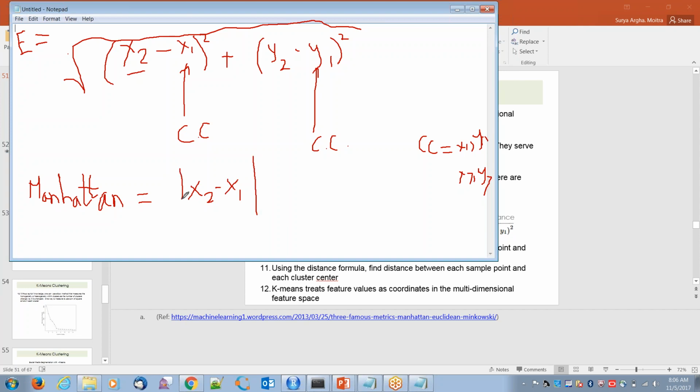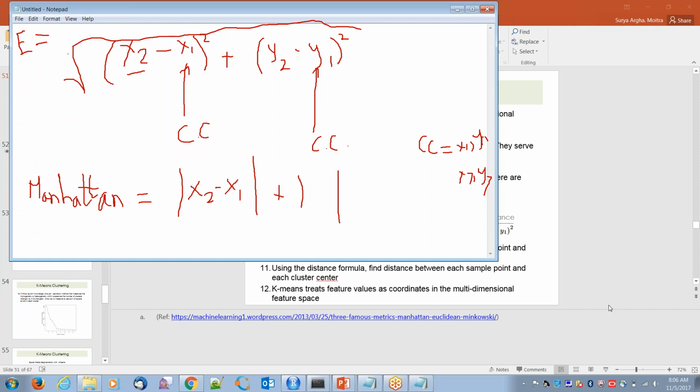We do h2 minus h1 and take the mod, and we sum it over whatever else is there, y1, or z, or whatever. So we just sum it and take the mod, and we do not square it. So this is Manhattan distance, and this is Euclidean distance.